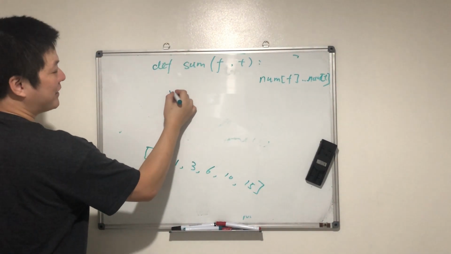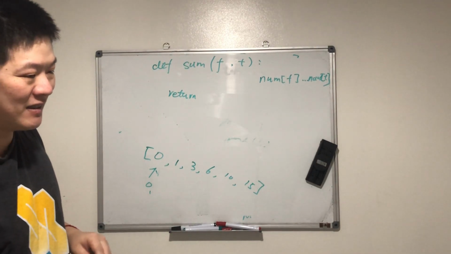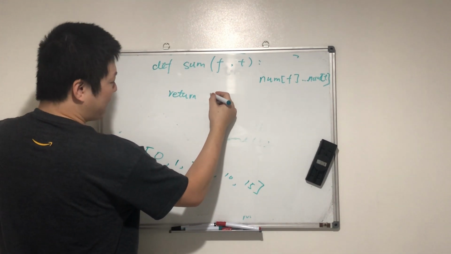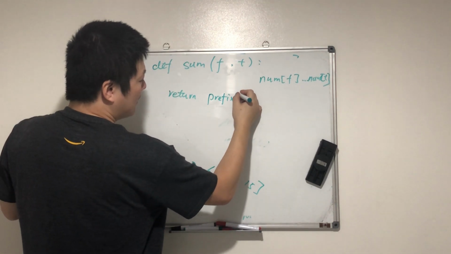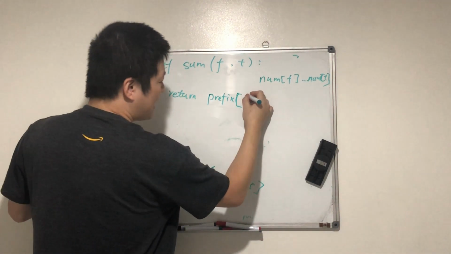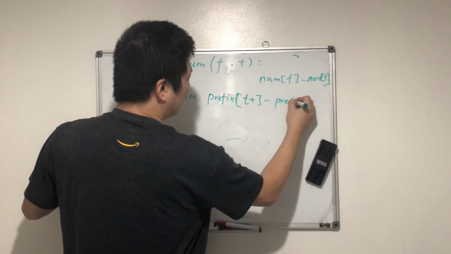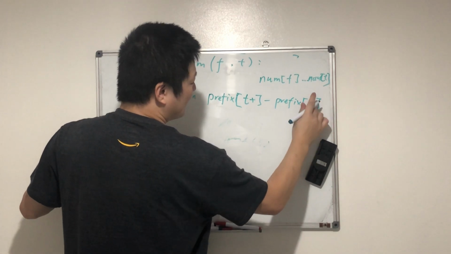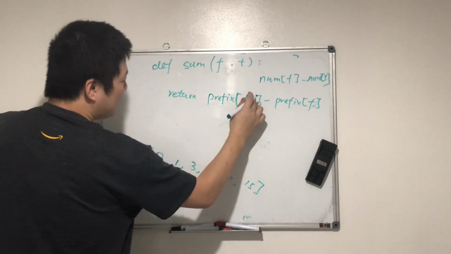Then I can just say return prefix t plus 1 minus prefix f, right? Does that make sense? Does that make sense?